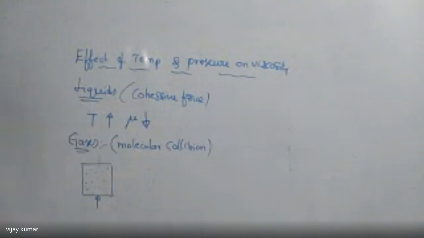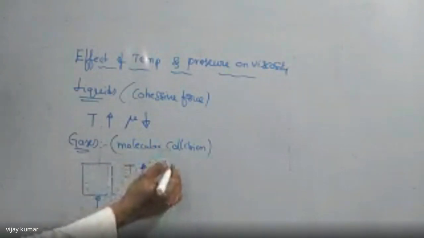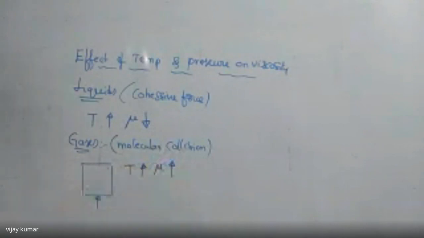When density is lost, weight will also be lost, and they are free to move with very, very high velocities. When the particles are moving with very high velocities, they collide with each other and the velocity reduces suddenly. So velocity variations increase very rapidly by increasing temperature. So by increasing temperature, the viscosity of gases will also increase, right?